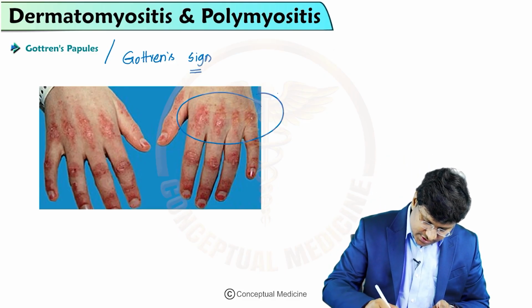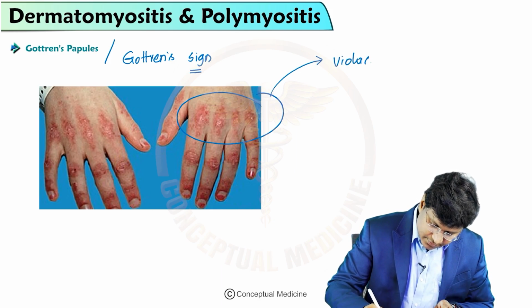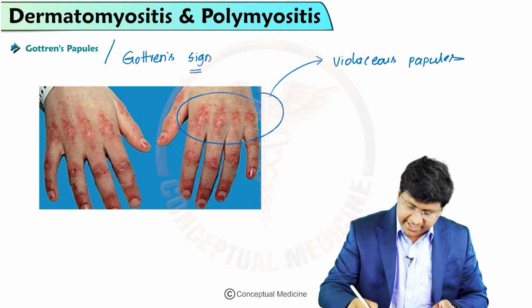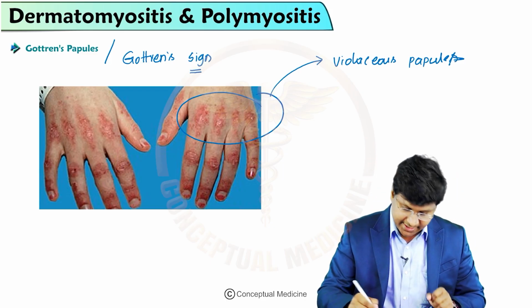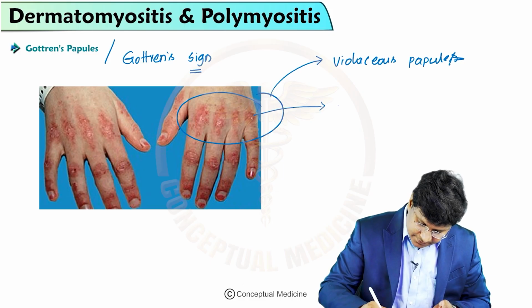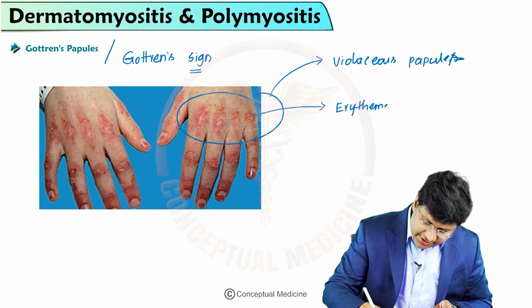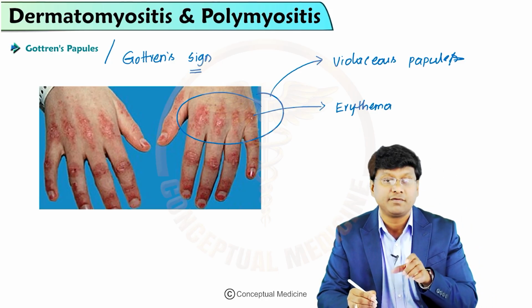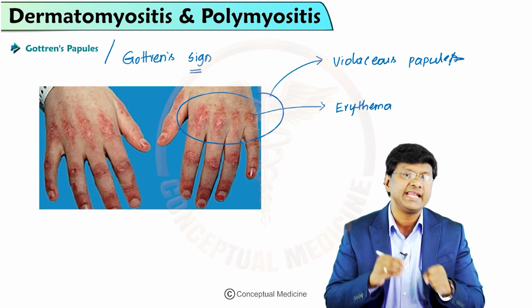So these are the knuckles. Violaceous papules over the knuckles, right? And not only that, you also have the presence of erythema of the knuckles with raised violaceous scaly eruptions.